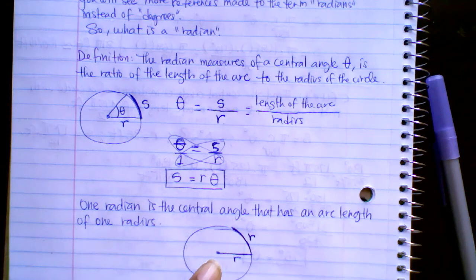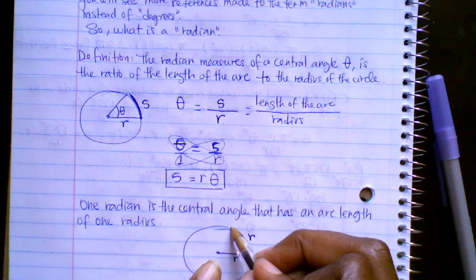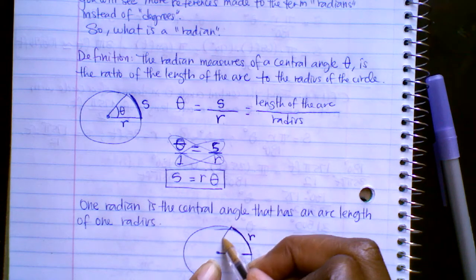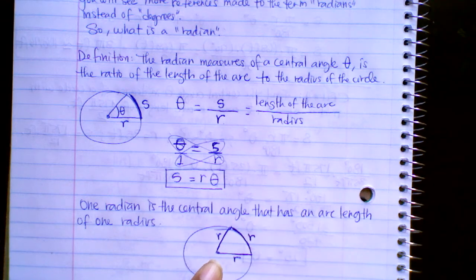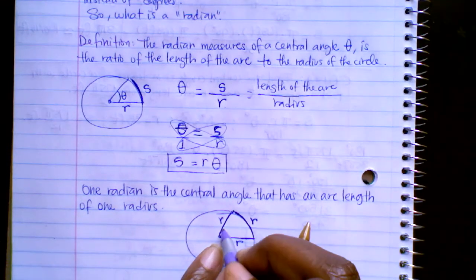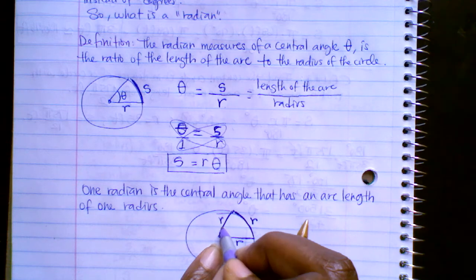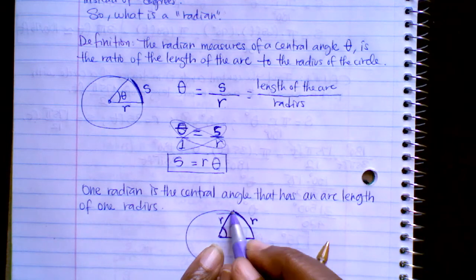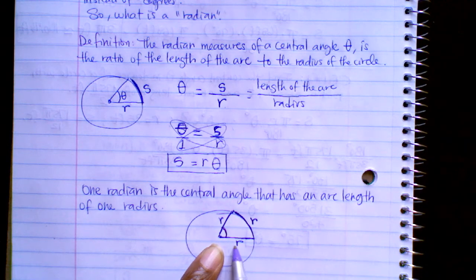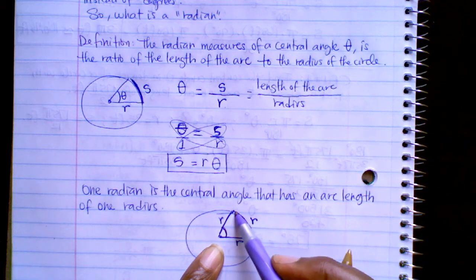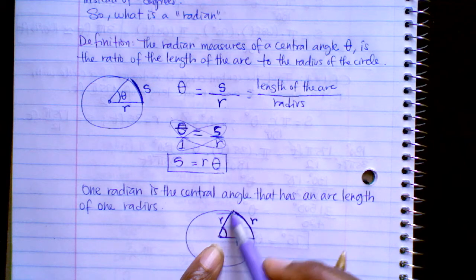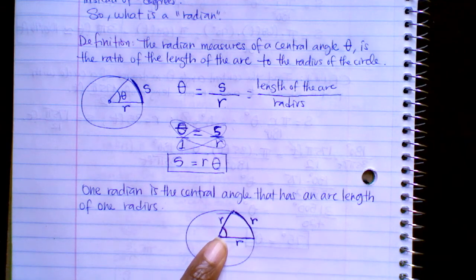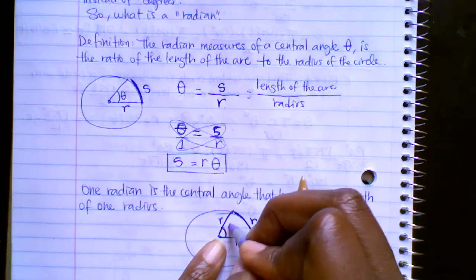And from this side right here to the center, this also represents r. Okay, so now what is 1 radian? 1 radian represents this angle right here, where each side is 1 radius. The arc is 1 radius, and the two sides inside the center are two radii. So that's what you call 1 radian.